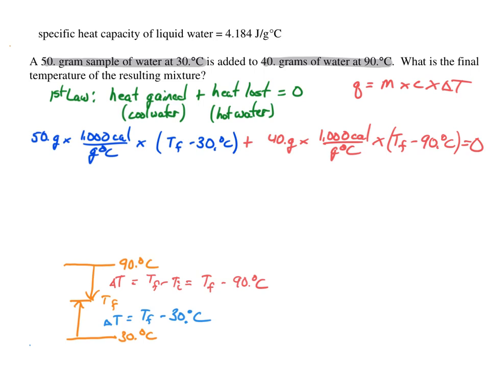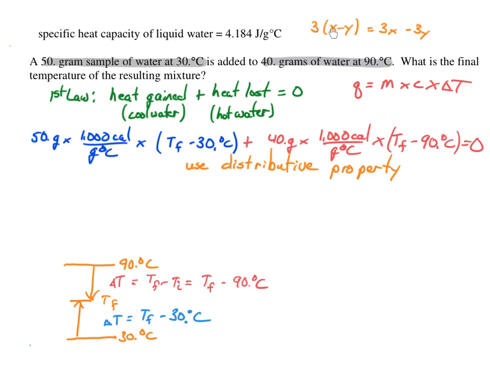Now for this calculation, we're going to have to use the distributive property. So we have 50 times 1 times TF, and from that we'll subtract 50 times 1 times 30. Quick reminder, if we use the distributive property, if we have something like 3 times (x minus y), that's going to be equal to 3 times x minus 3 times y.